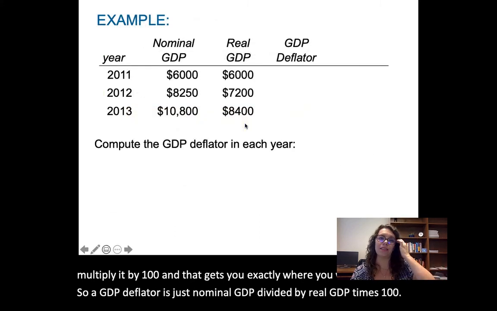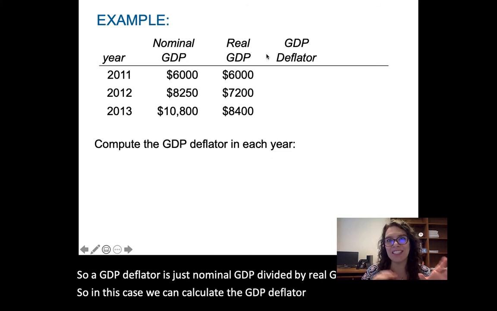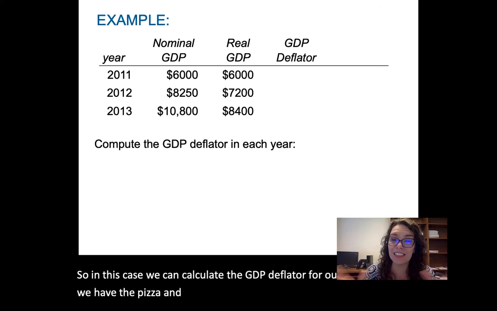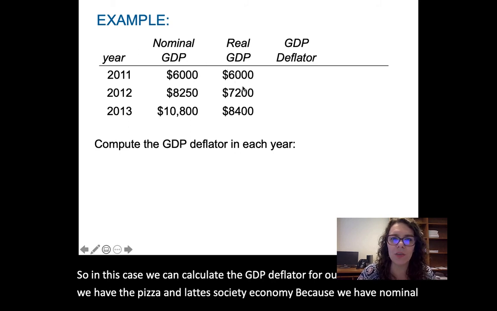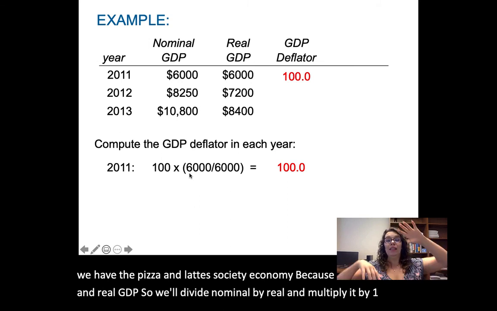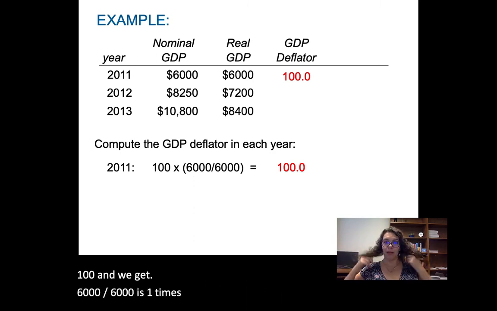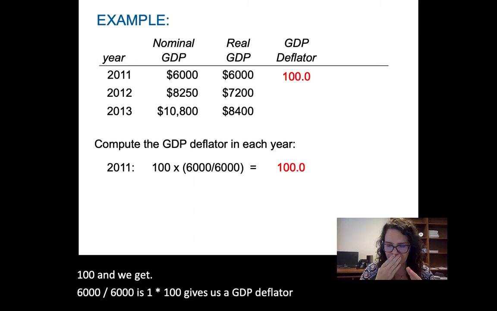So in this case, we can calculate the GDP deflator for our world where we have the pizza and lattes economy, because we have nominal and real GDP. So we'll divide nominal by real and multiply it by 100, and we get 6,000 divided by 6,000 is 1 times 100 gives us a GDP deflator of 100.